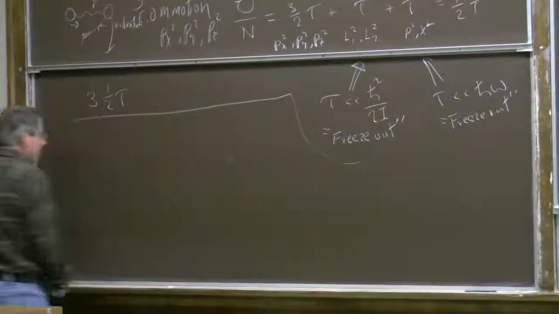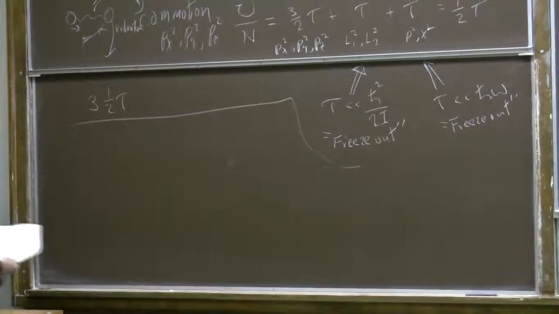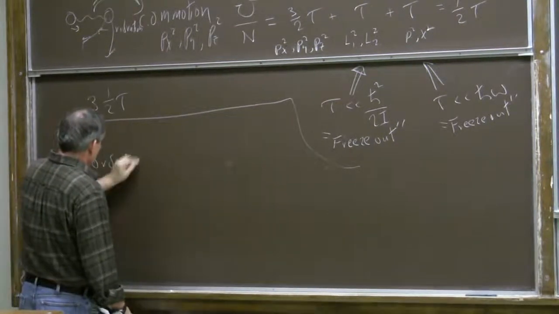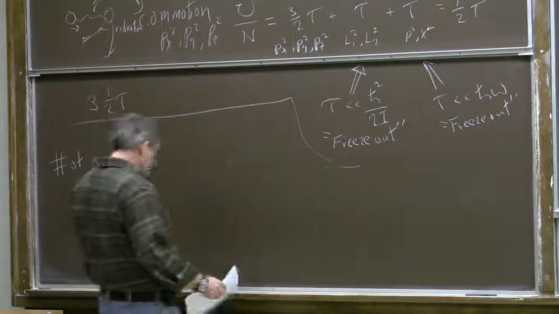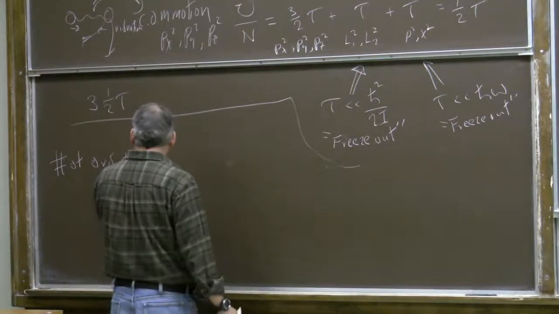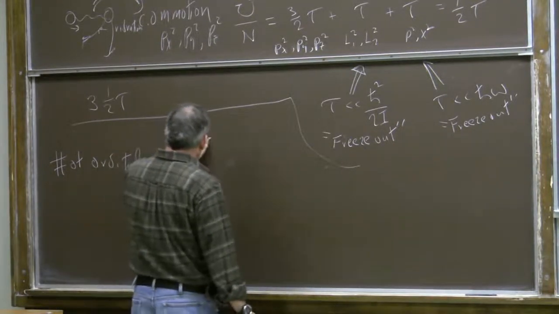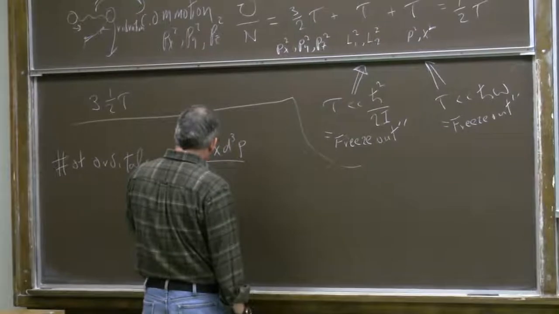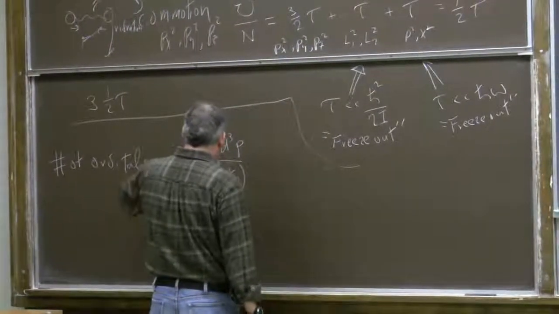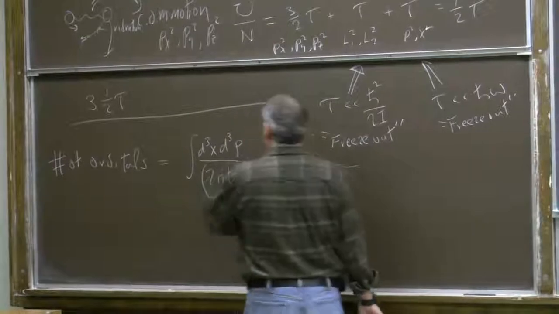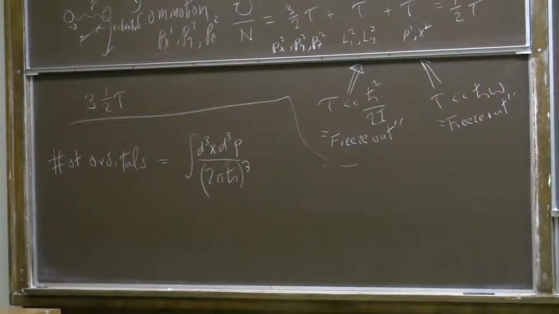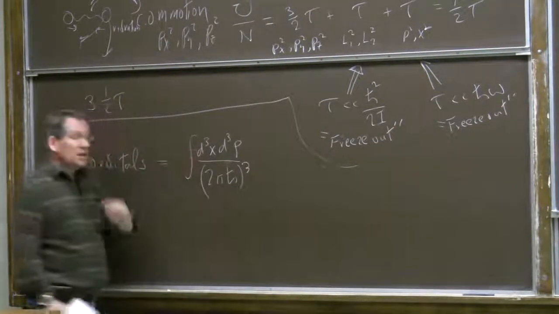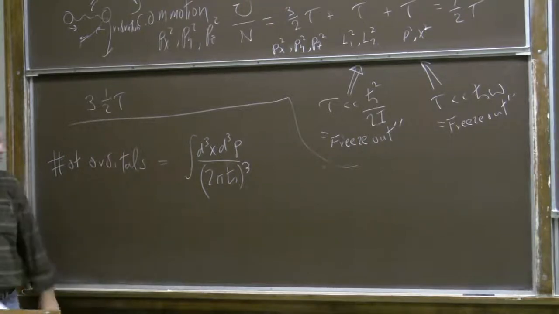As we discussed many times, if we count orbitals for a free particle in 3 dimensions, we have to consider integrating over position and momentum, and there's a power of Planck's constant h, 2 pi h bar, associated with each dimension as the normalization factor. So if I integrate the position in the case of a free particle over the whole box, there's a factor of volume.